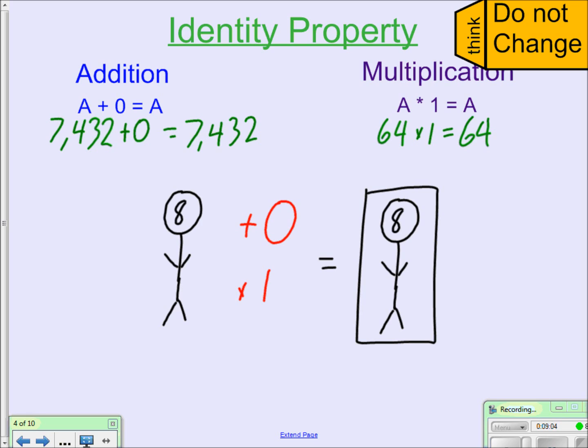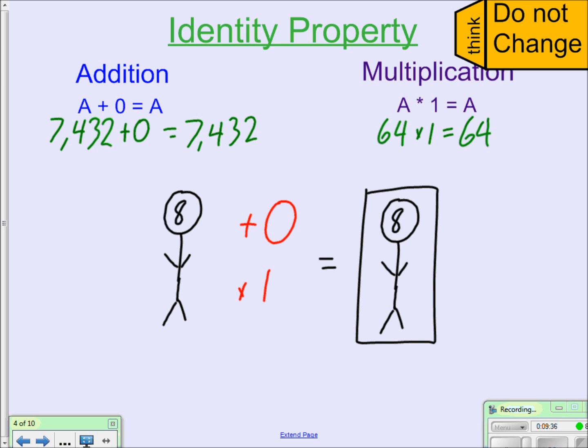If I multiply her by 2, now all of a sudden she's identical twins. If I multiply by 3, we have triplets. We can add 0 to 8, we can multiply by 1, and it stays the same 8.